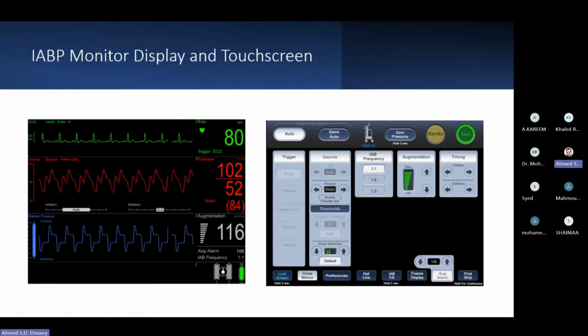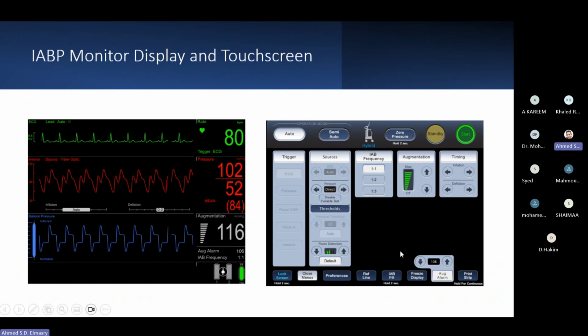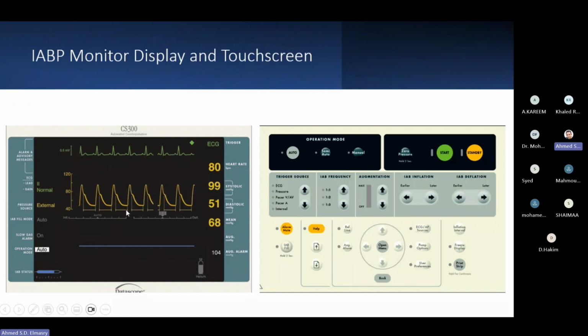Going to the intra-aortic balloon display monitor and touch screen, as we told before, you will get this reading and you will have this button in order to adjust the setting of the intra-aortic balloon. And this is another device. They are different devices, but you will find the same setting and same reading in the display monitor.